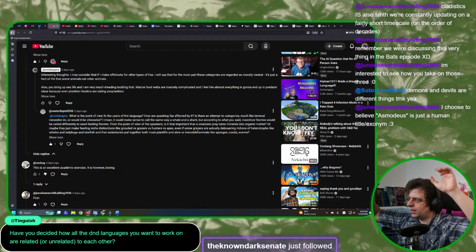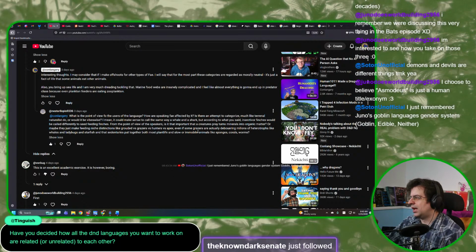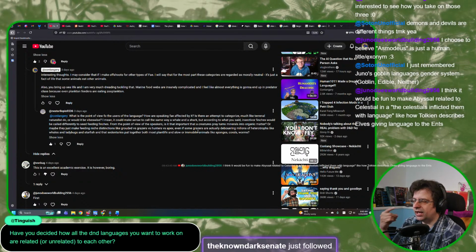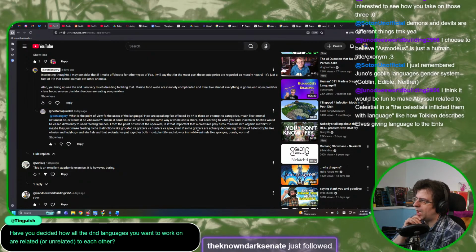However, if the demons come from a separate place, there are a few different ways that could go. They could have had their own language in the first place, in which case Abyssal would be totally unrelated. They could have not had language and learned it from the Celestials that they were fighting, in which case they would have a corrupted, chaotic version of Infernal. Or they could have had their own language, but also learned Infernal and formed a Creole.